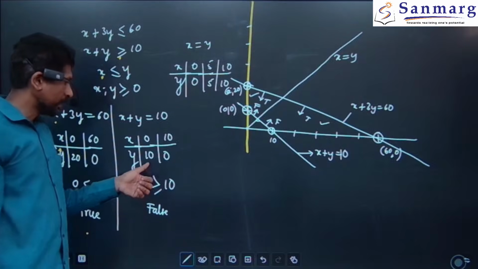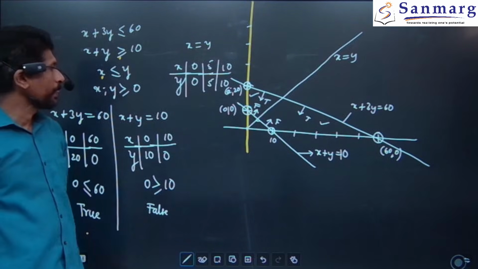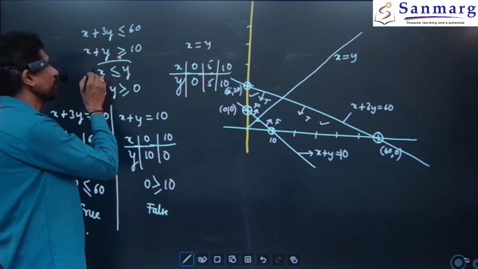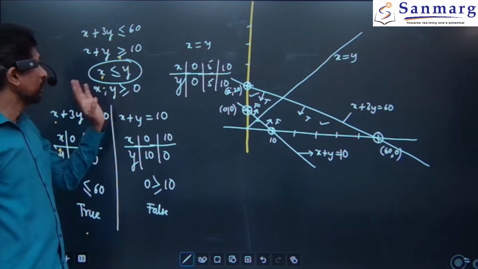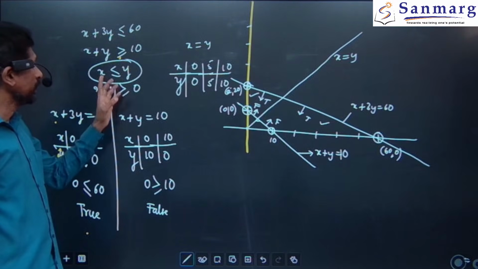Next, to identify which one is the correct one, you use the third equation, x is less than or equal to y.